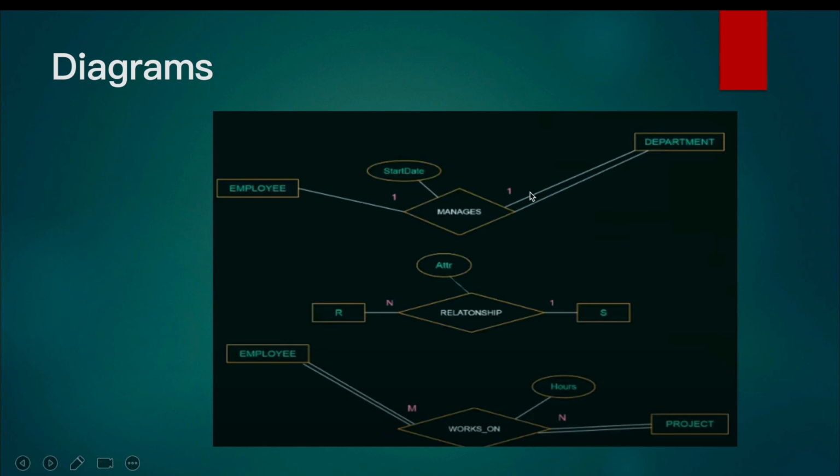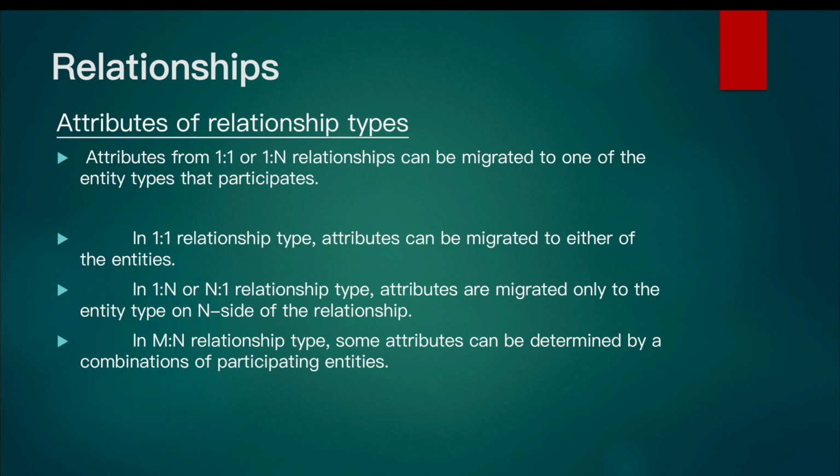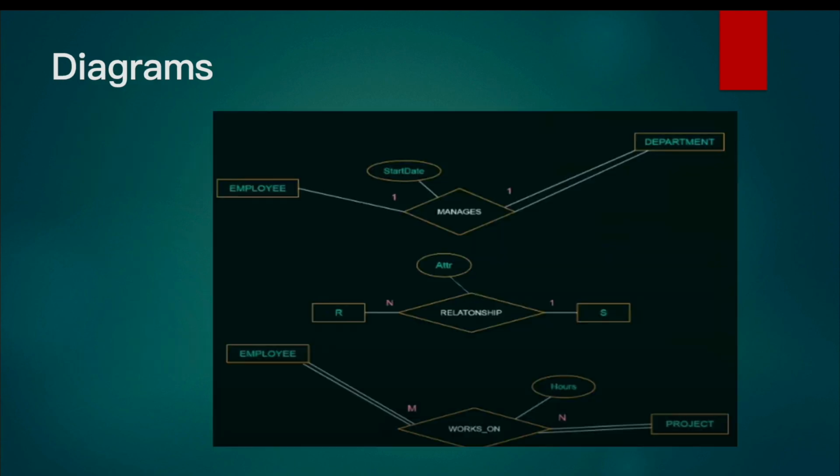In 1:1 relationship types, attributes of this relationship type can be migrated to either the employee entity or to the department entity, either one of the entities. In 1:n or n:1 relationship types, attributes are migrated only to the entity type on the n side. In this, the attribute of this relationship can only be migrated to the n side of the relationship.